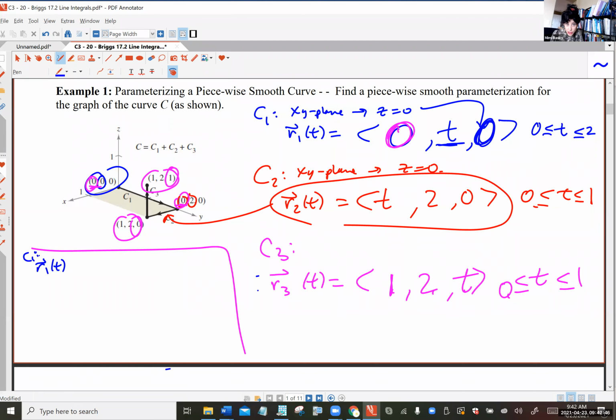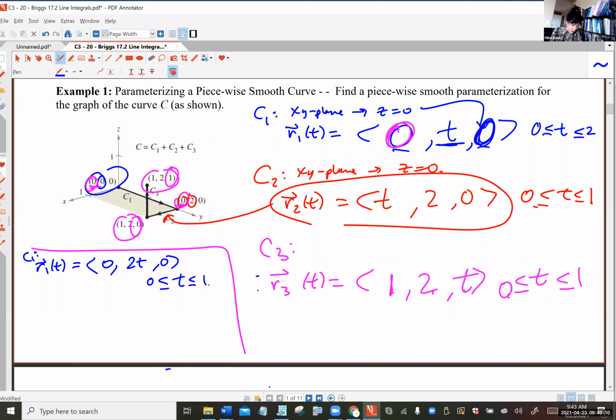Remember, parameterizations are not unique. What if they said, okay, well, yes, the X and Z are 0, so that did match my answer, but they decided to use twice T for the Y component, where their time, instead of going from 0 to 2 seconds, goes from 0 to 1 second.